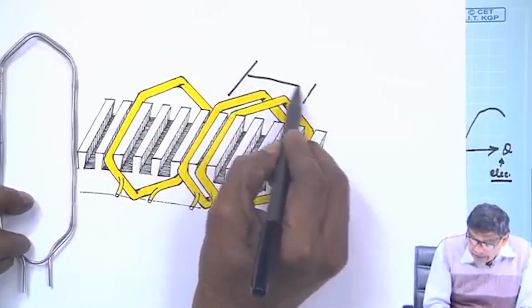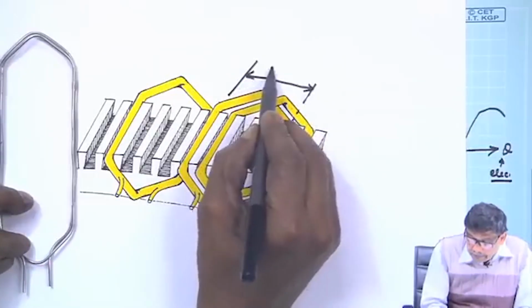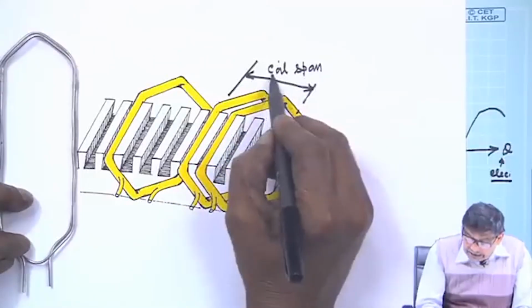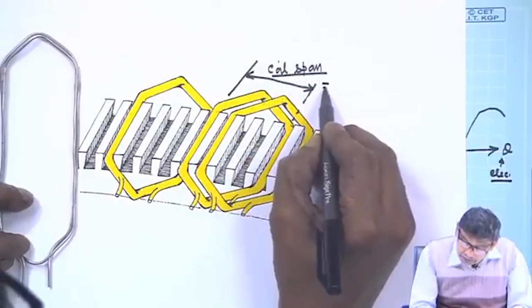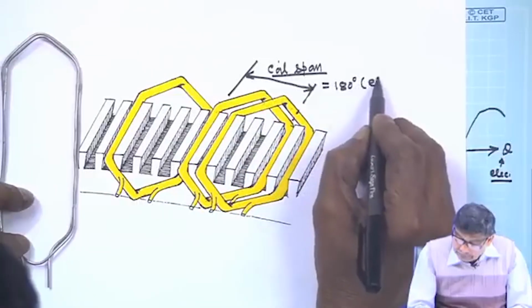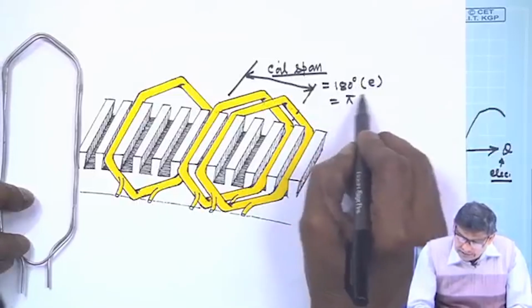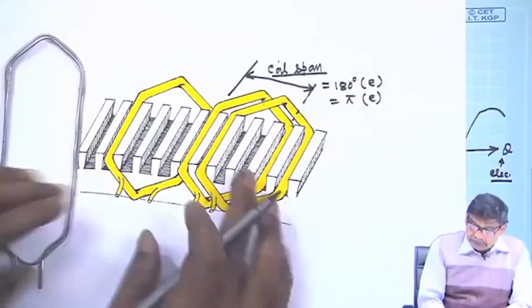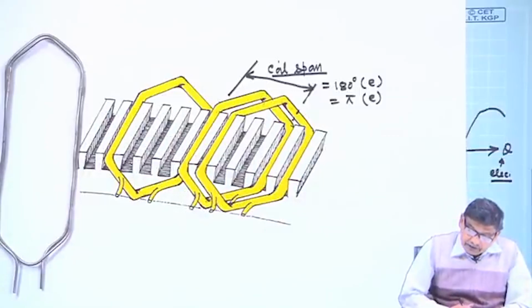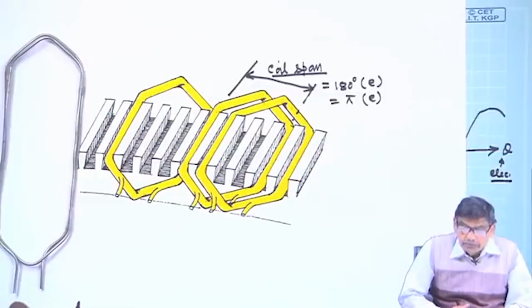This is coil span. In general, it should be equal to 180 degree electrical or pi electrical, and that will ensure this, because the B distribution I will always sketch in terms of electrical angle.